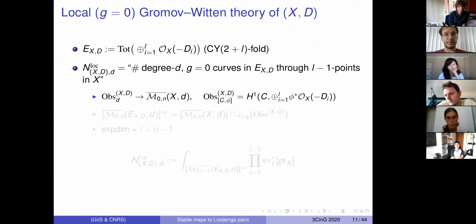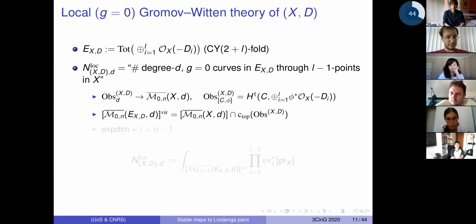But the natural obstruction theories differ, and this is encoded in the fact that we have a canonical obstruction bundle on the moduli space of stable maps to X, the base, whose fiber at a smooth moduli point is the H1 of the pullback of this normal bundle to X in the target.